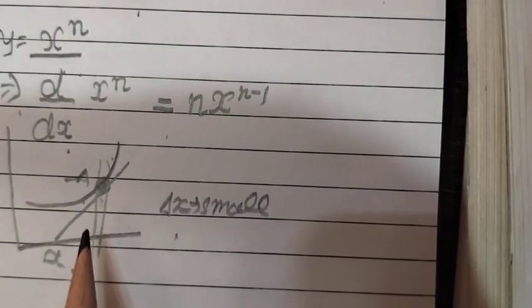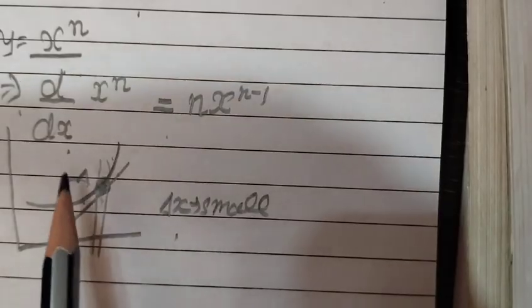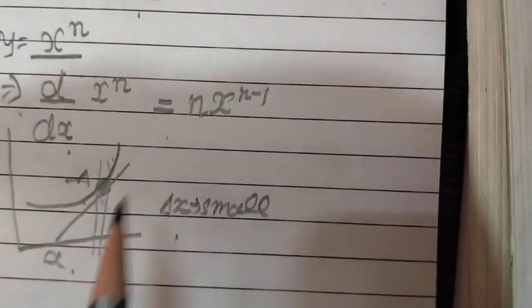Now here, if we move these two lines very close, we will eventually get just the point A, that is the point of contact between the tangent and the curve. This actually represents instantaneous rate of change at point A.